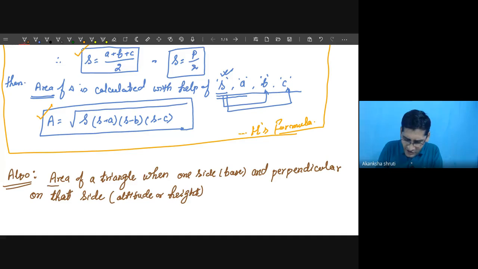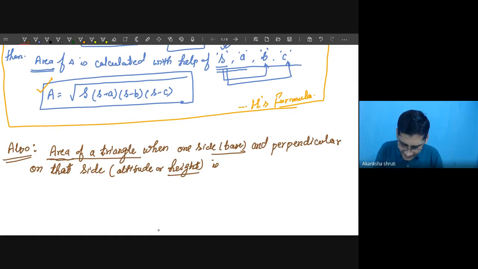So the area of the triangle in terms of the base and height, already we know, is, what is that? Area is given by half of base into height.